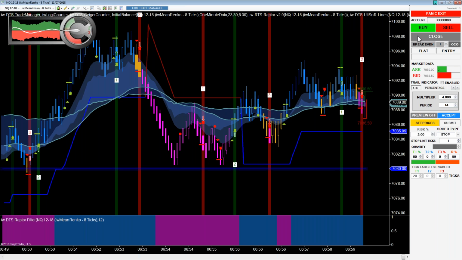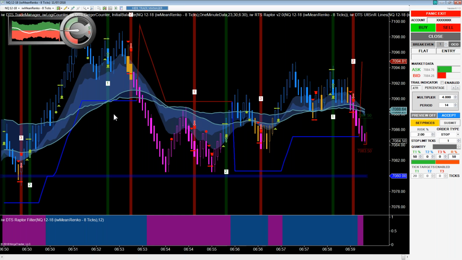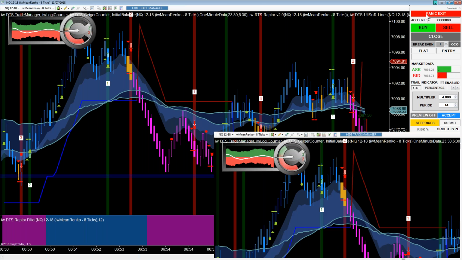All right. So we're starting to get that sideways drift. If you're going to look at the overall market context here, I think it's fairly safe to say the market is moving sideways.